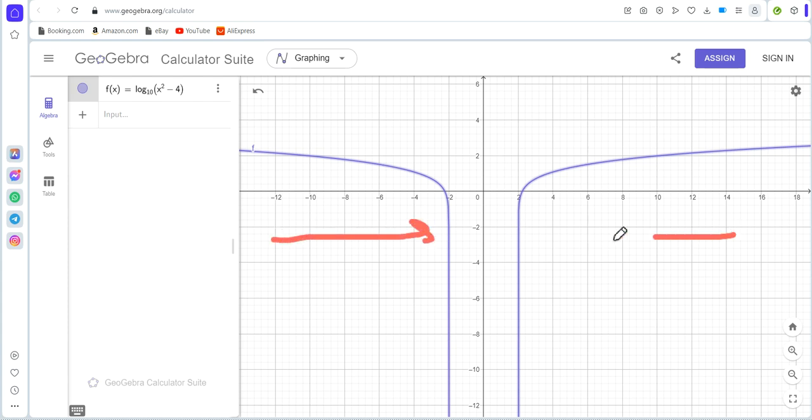And here it's approaching 2. And it goes to minus infinity here, and to minus infinity from 2 here, as you see.